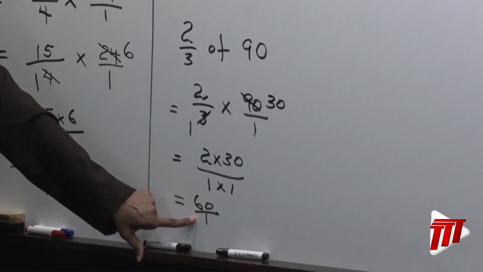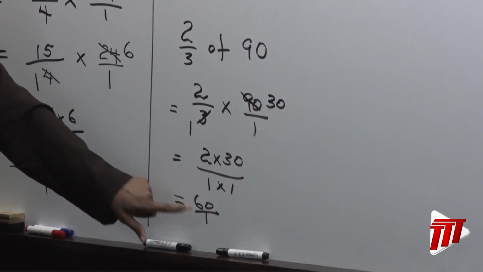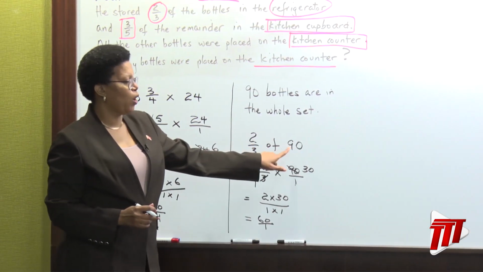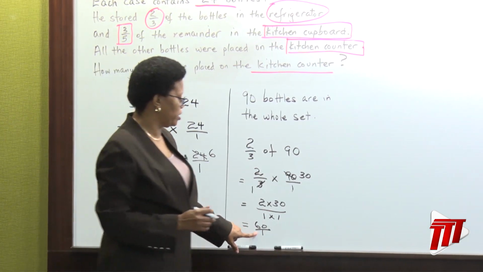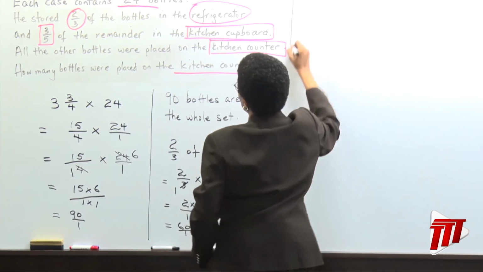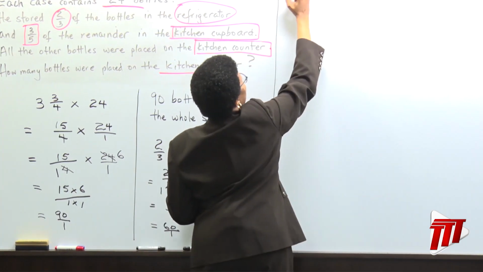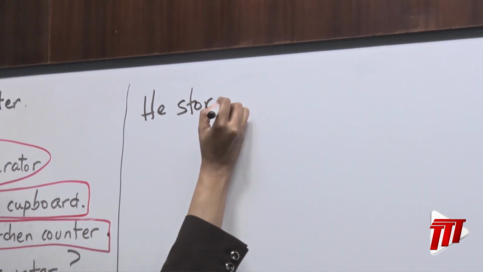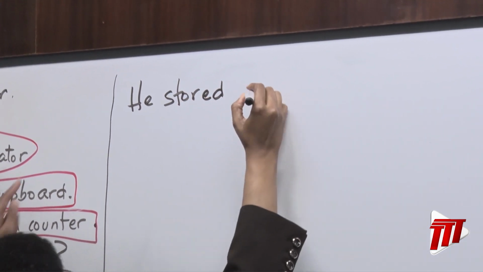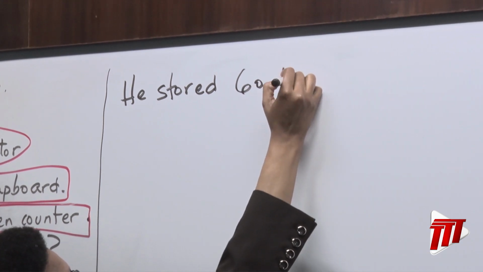It means we are speaking of 60 bottles. 2/3 of the whole set of 90 bottles is 60 bottles. He therefore stored 60 bottles in the refrigerator.